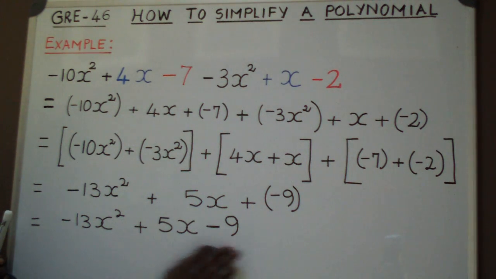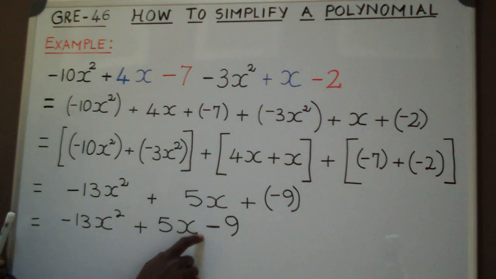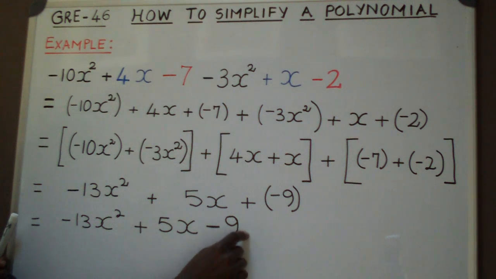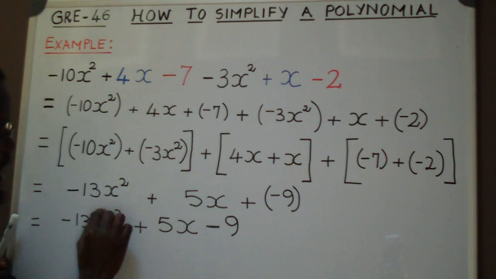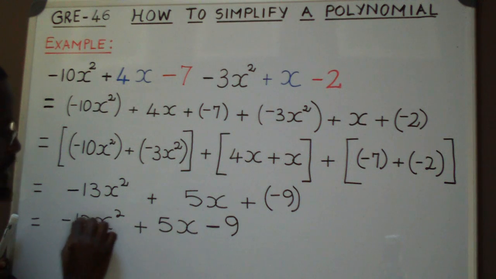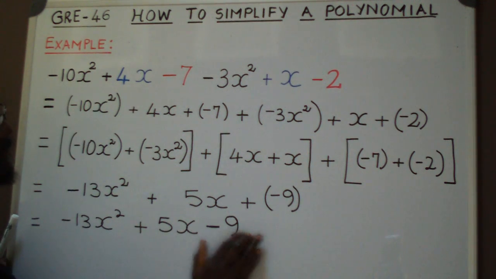Is this answer in standard form? Yes, it is, because as you can see, the degree of the first monomial is 2, the degree of the second monomial is 1, and the last monomial doesn't contain a variable, so its degree is 0. Therefore, the degrees of the monomials are in decreasing order, and since they are in decreasing order, this polynomial is in standard form.